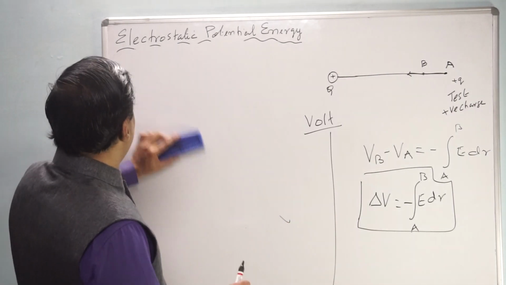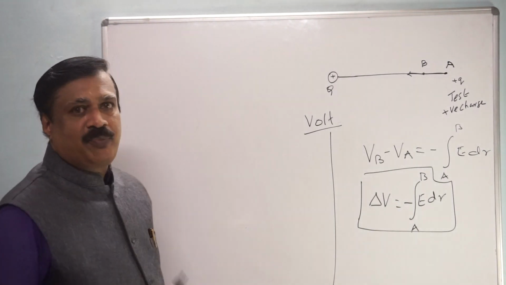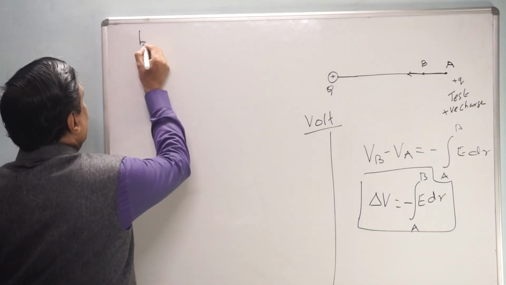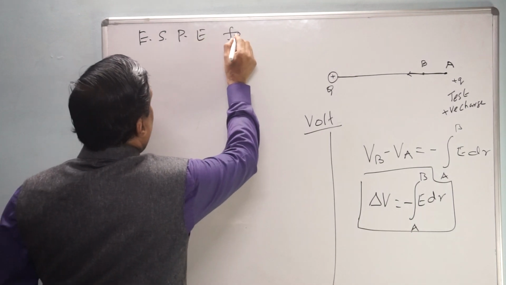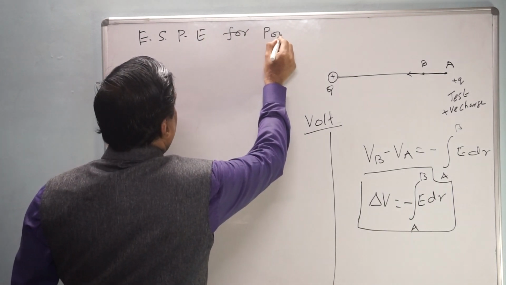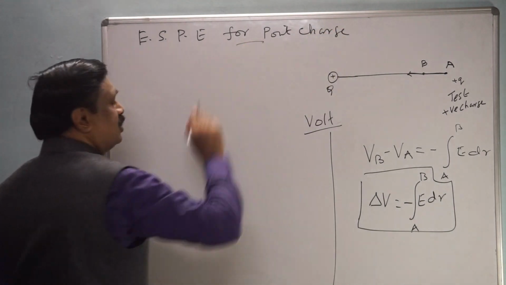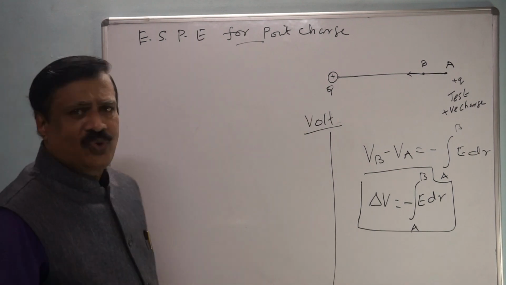Now, let us go for a derivation which is very important: electrostatic potential energy for a point charge. Now the same formula you can apply here.